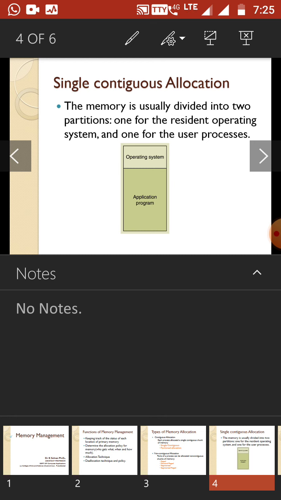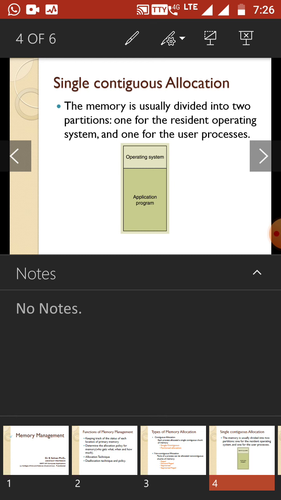In the low memory area, the system program, that is, the operating system, is loaded. In the user area, user programs are loaded. Here, the low memory area is continuous and the high memory area is also contiguous.